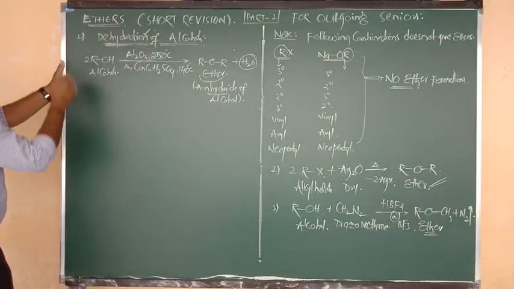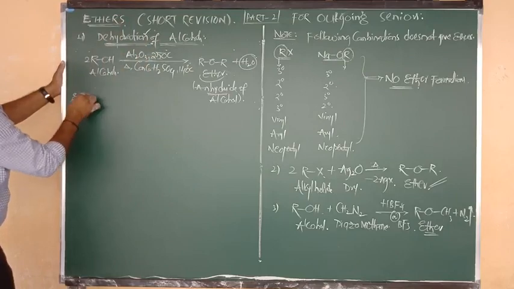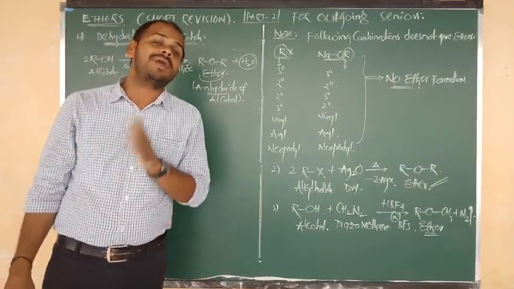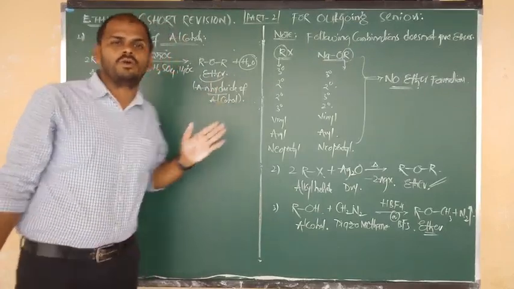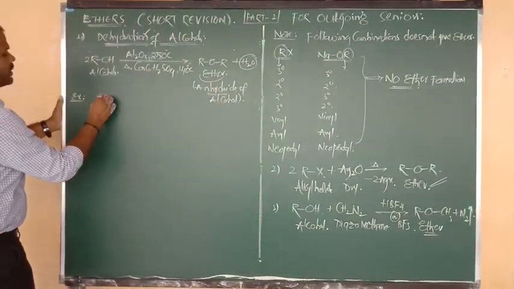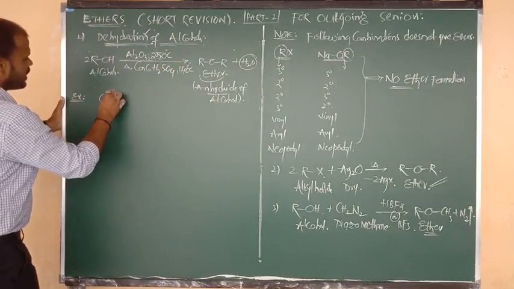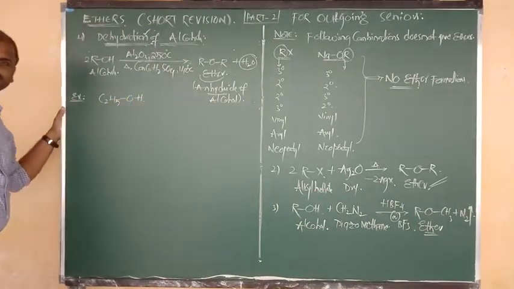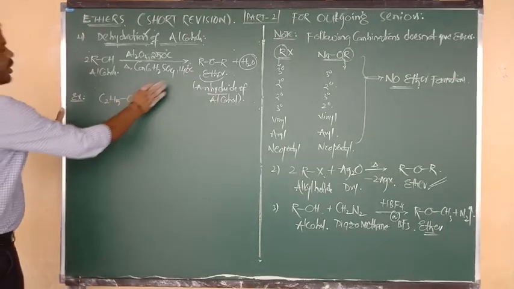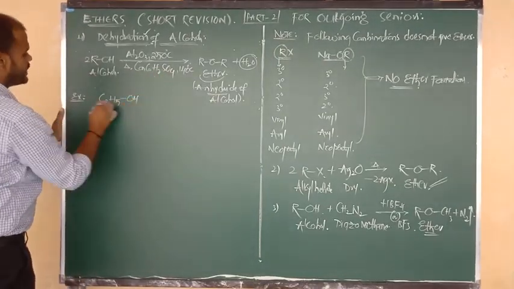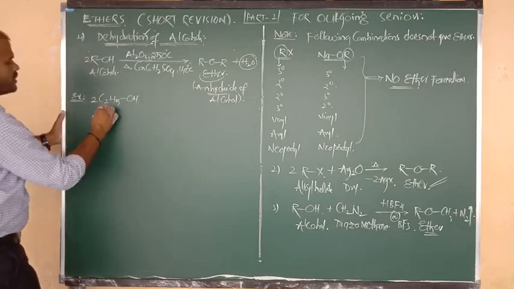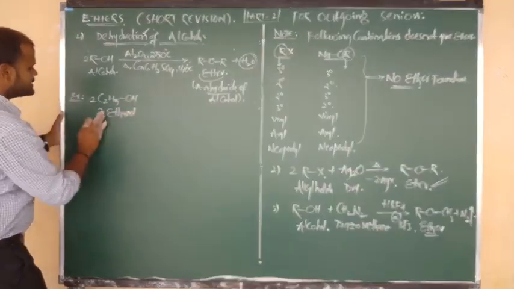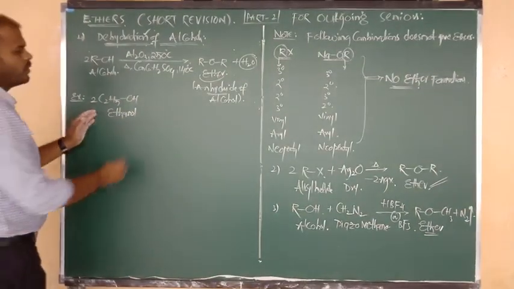For this reaction I want to give you one example. Here I consider the alcohol to be ethyl alcohol, or ethanol. What is the formula of ethanol? CH3CH2OH, and one can also write C2H5OH. How many moles of ethyl alcohol are we going to consider? Same as above, two moles of ethyl alcohol, or ethanol.